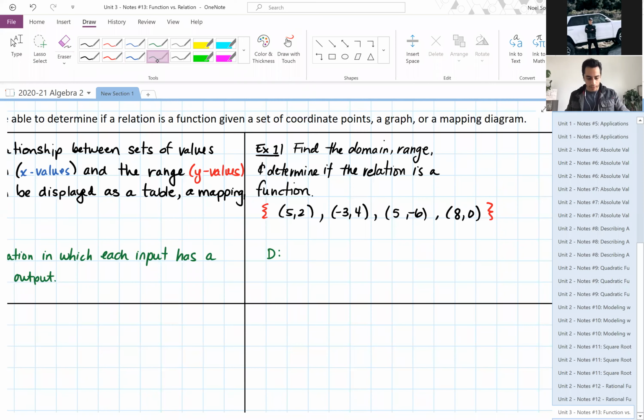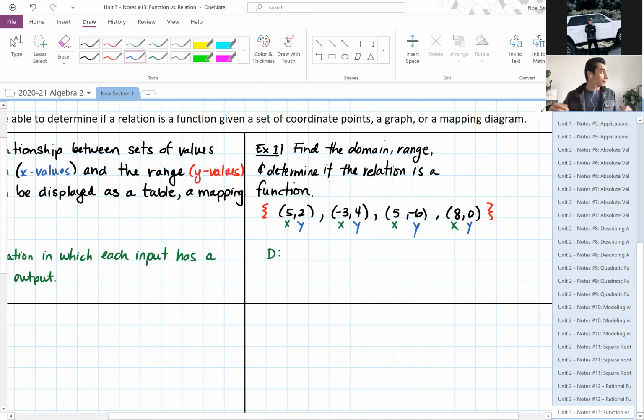And I can go through and highlight all of them with X, Y, right? So I know that this is the X value. This one is the Y value, right? And it's the same for each point. So X, Y, and X, Y.